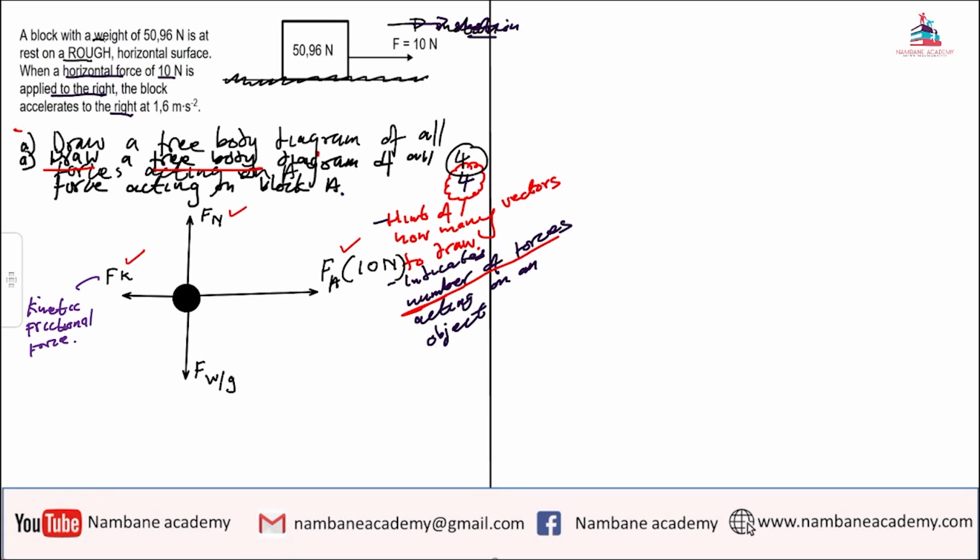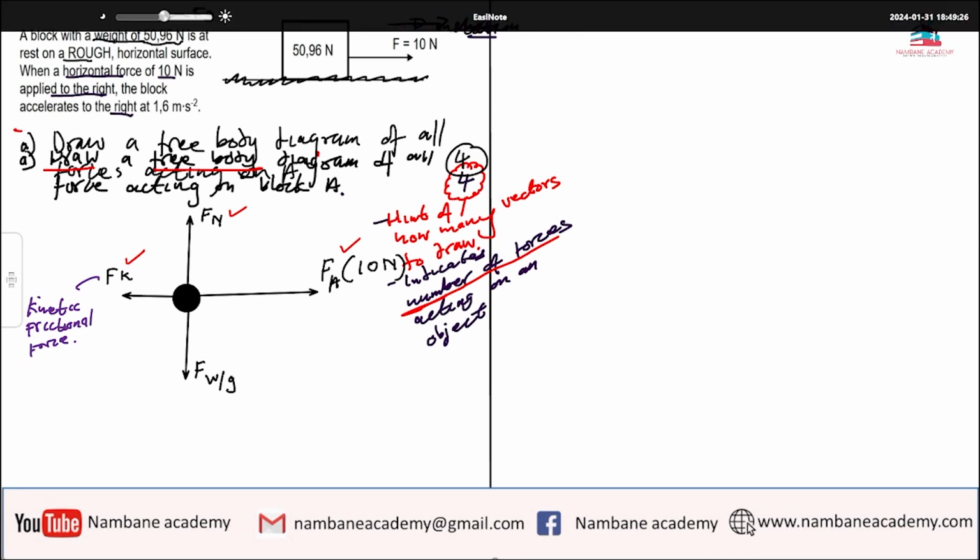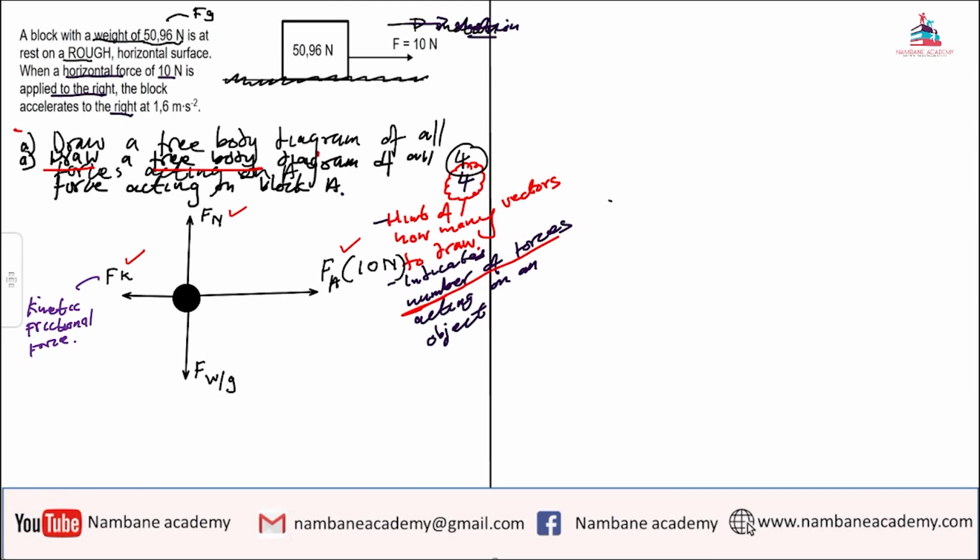A block with a weight of 50,96 newton. This is our FG. So already the examiner is telling us that the weight is there. FG is there, ladies and gentlemen. So it means I have correctly identified all of my forces to be part of the free body diagram.